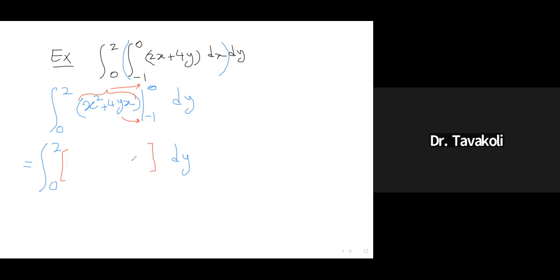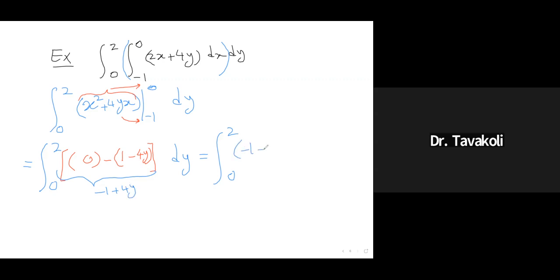At 0, obviously, when x is 0, 0 plus 4y times 0 is 0, so 0. At -1, x is -1, -1 squared is 1, and 4y times -1 is -4y. So let's see what we have so far. The integral from 0 to 2. Here, what I have is just -1 plus 4y.